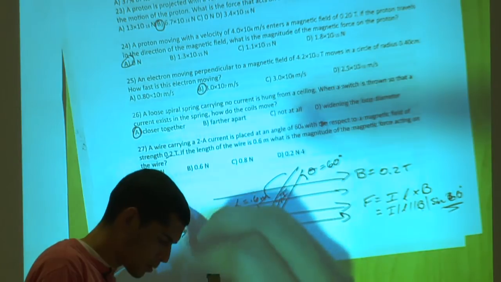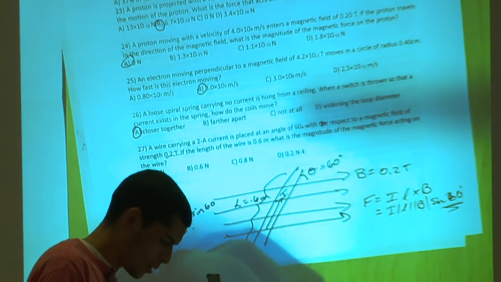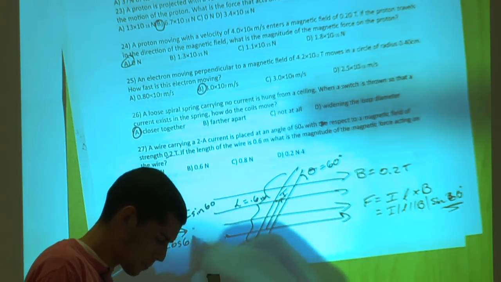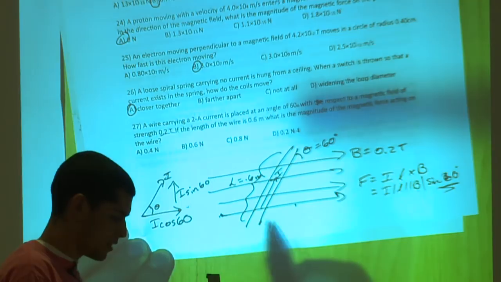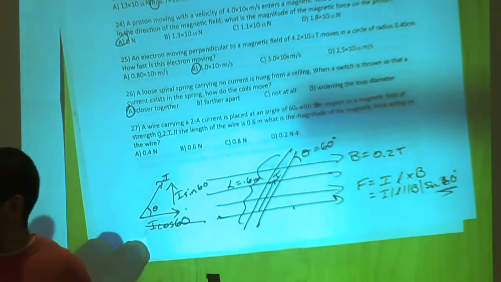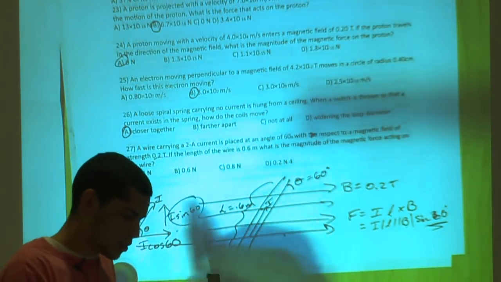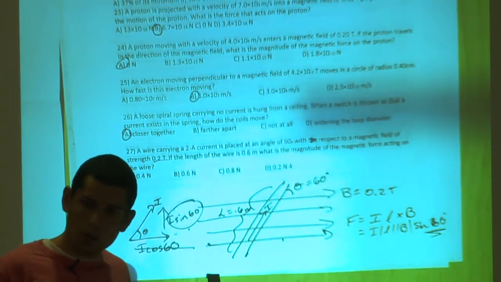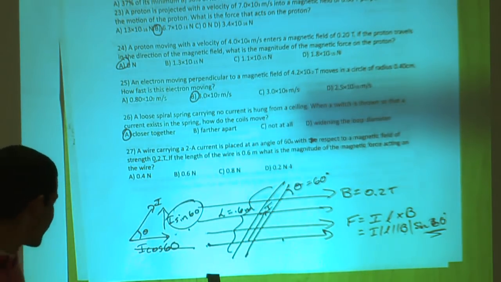We'll have two components: I sine of 60, and here, I cosine of 60. Since this one is parallel with our magnetic field, that magnitude multiplies to be 0, and thus this total will be what's left. So that's a nice little trick: when in doubt, draw some triangles. That's my motto of physics.